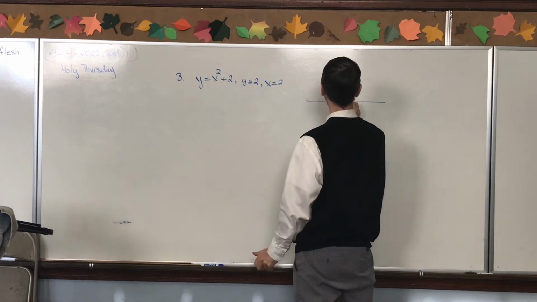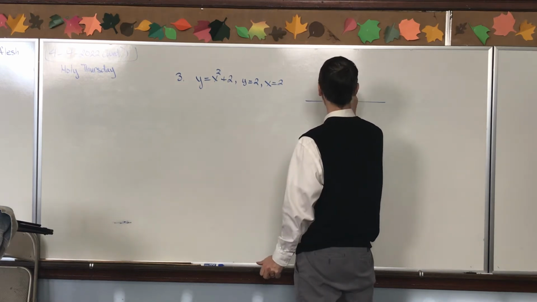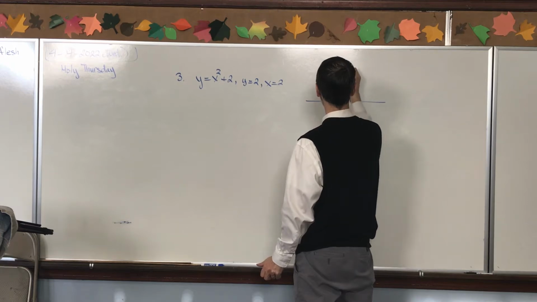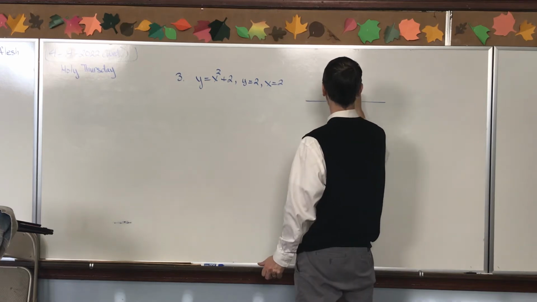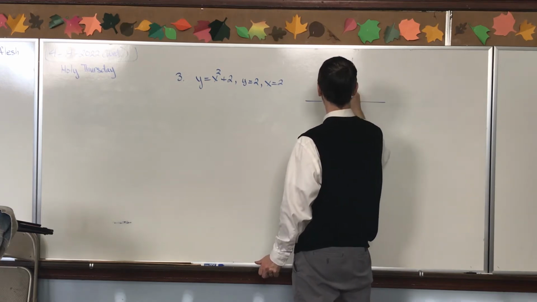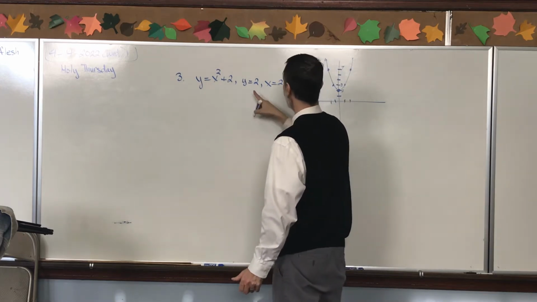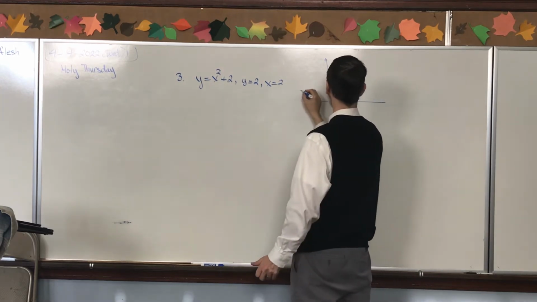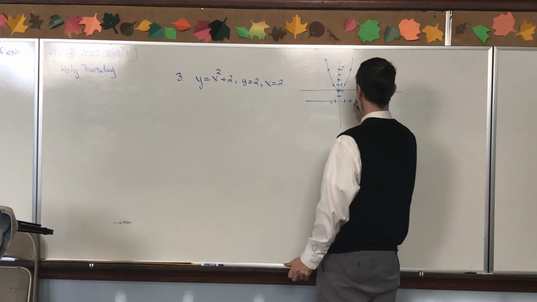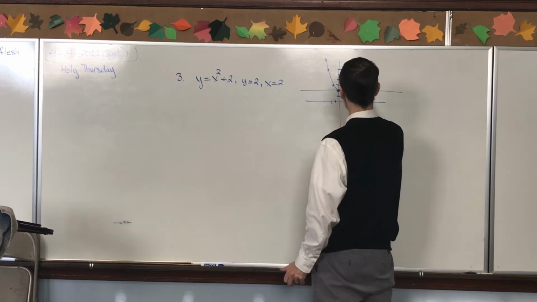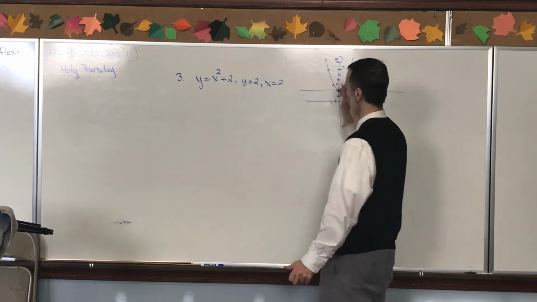Over 1, up 1, over 2, up 4. They wanted a region between y equals 2 and x equals 2, so this little region they wanted to spin around the y-axis.